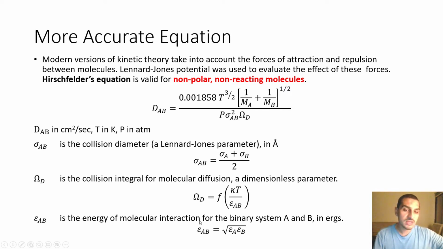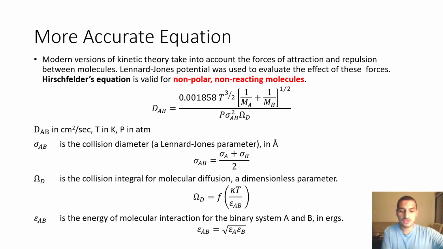And this is what we said, that this term takes into account the interaction between molecules. So this is the energy of molecular interaction for the binary system AB, and it is a function of epsilon A and epsilon B. So you see that here we have some parameters that we need to know, which are epsilon A, epsilon B, sigma A and sigma B, plus the type of relation between omega D and kappa T over epsilon.